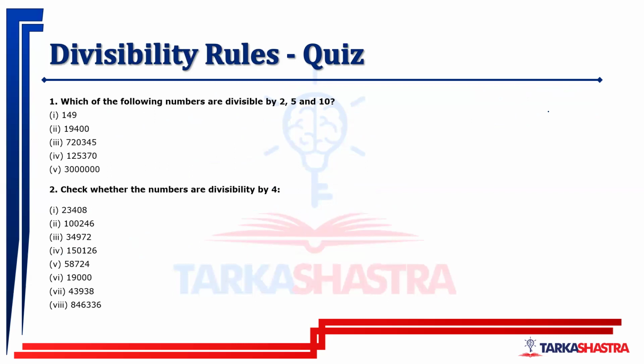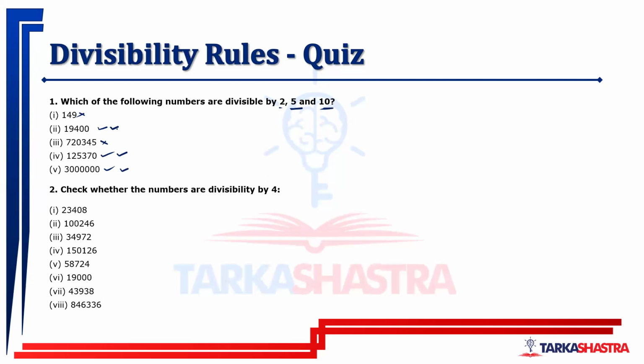We are continuing from here. Which of the following numbers are divisible by 2, 5 and 10? So 149 is not divisible by 2. This is divisible by 2, not divisible by 2, divisible by 2, divisible by 2. Then divisible by 5: this is divisible by 5, this is divisible by 5, this is divisible by 5.